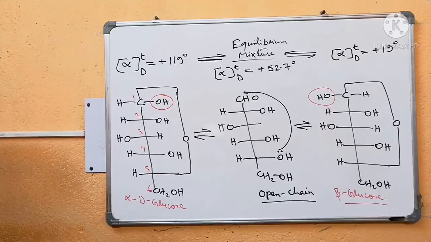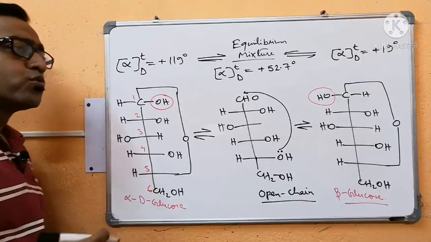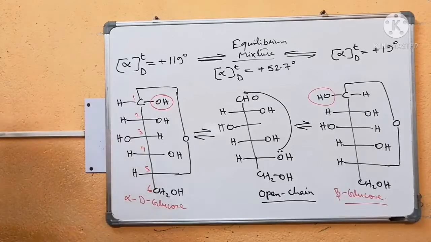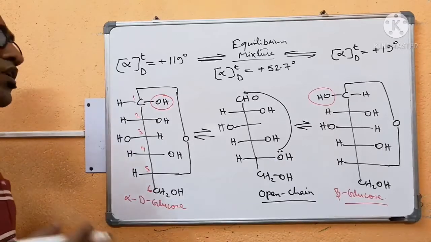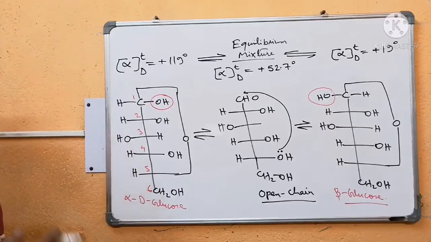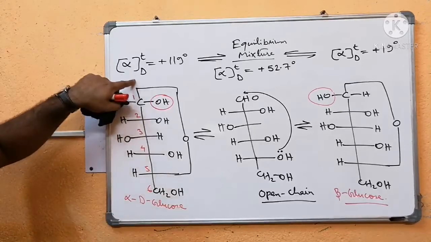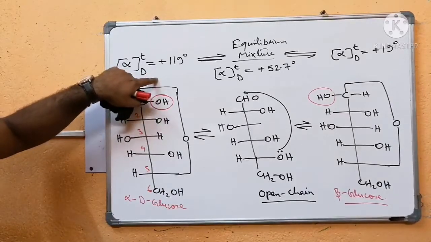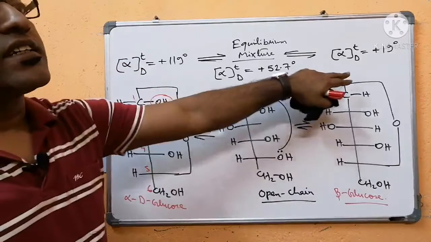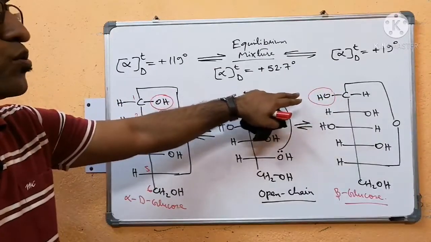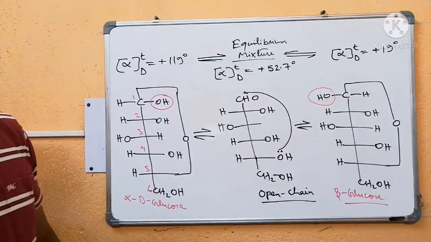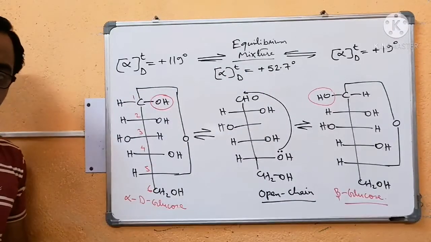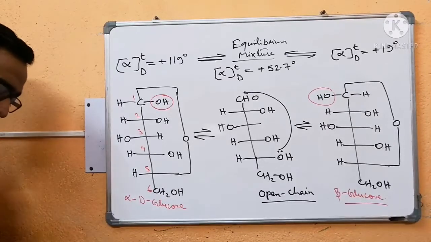The decrease in specific rotation of alpha D glucose and the increase in specific rotation of beta D glucose to an equilibrium value of 52.7 degree is called Muta Rotation.